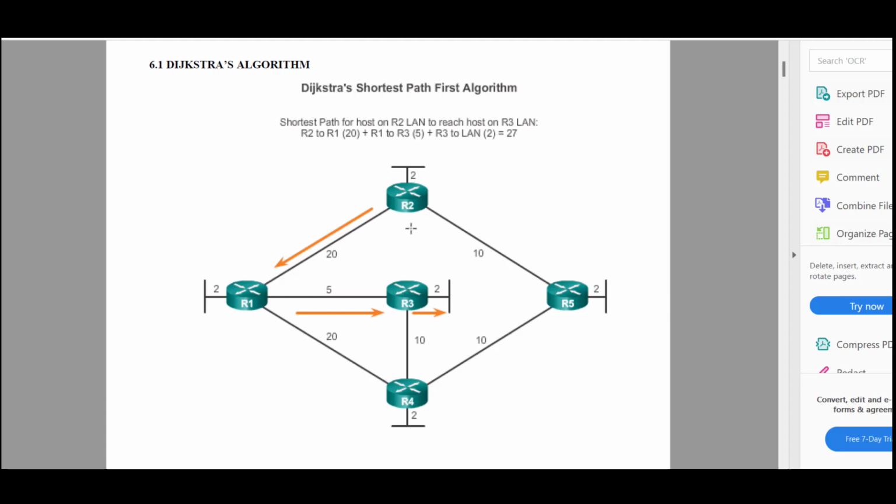But if you go for the next path, R2 to R5, R5 to R4, R4 to R3, you can reach like this also. The cost here is 10, 10 and 10, so the cost is 30. Here the cost is 25. Whichever takes less is automatically the better one, so I'm going to follow this particular path. So you can decide a path.